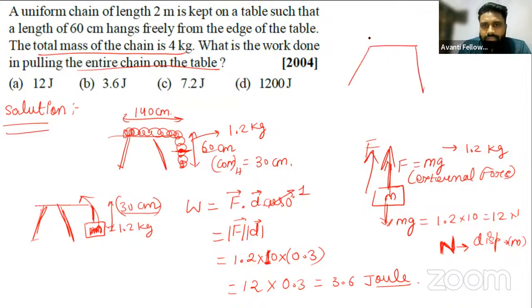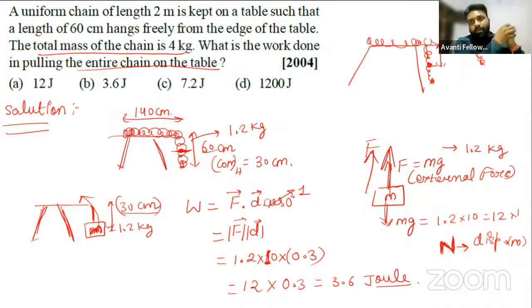If any force is able to pull this chain up to its center of mass, now the center of mass is upside. Only the lower portion is downward, which means this portion is not able to pull the chain downside. That is why at least 30 centimeter, at least the center of mass of that hanging portion, we have to pull.